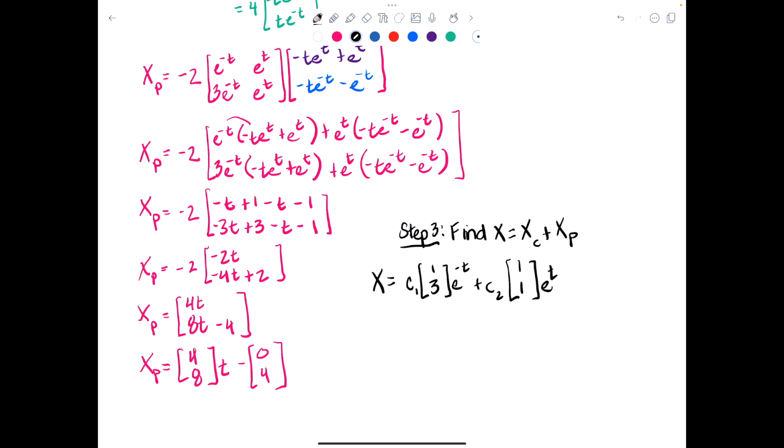And then we put in what we just found for xp, plus 4, 8 times t, and then minus 0, 4. And we're all done.